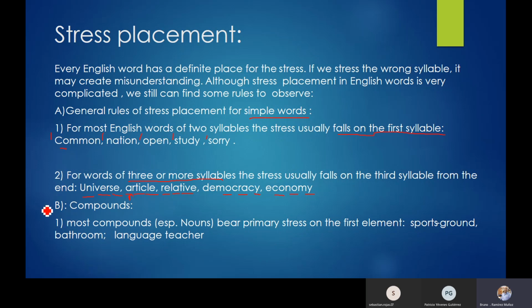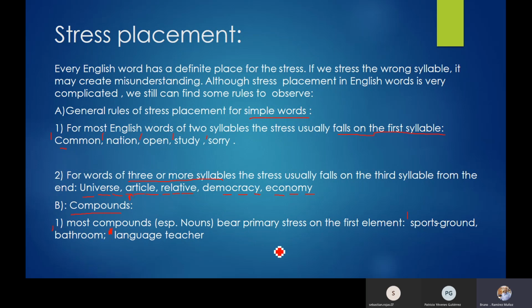And another general rule for compound words, words that are composed of two words like sports ground, bathroom, language teacher: the general rule is to place the primary stress on the first element. So sports ground, bathroom, and language teacher. Sorry about the stroke. Okay, language teacher.